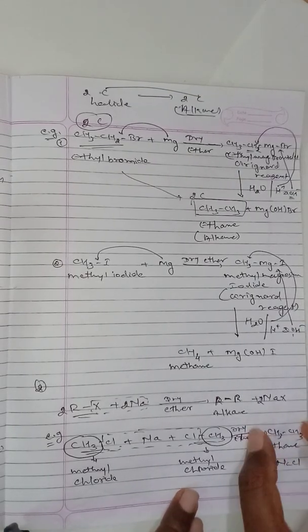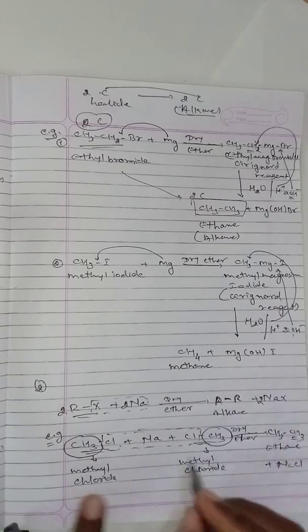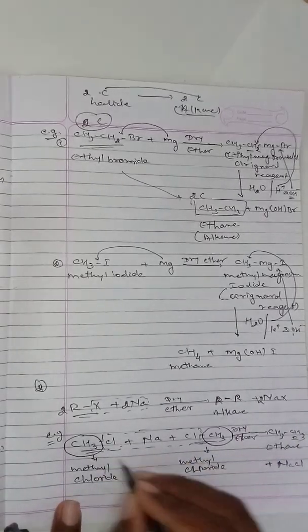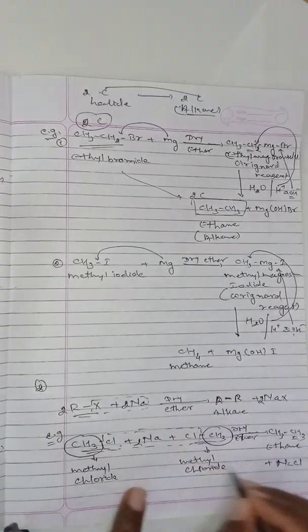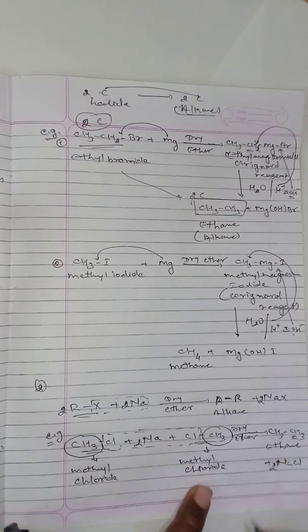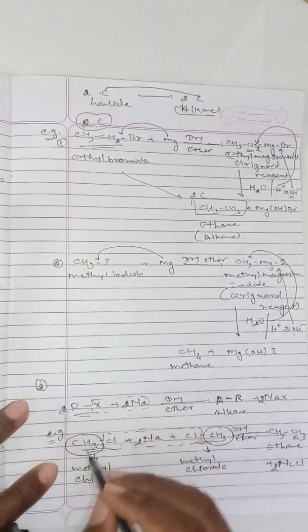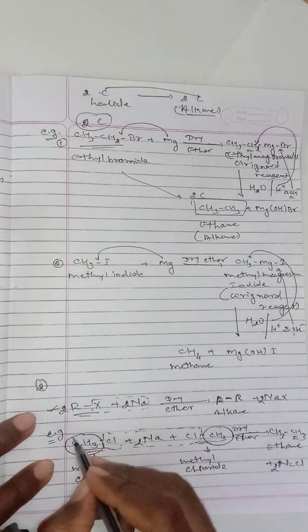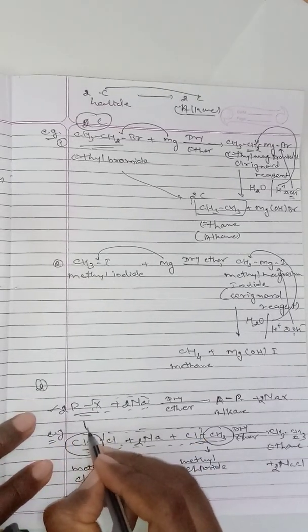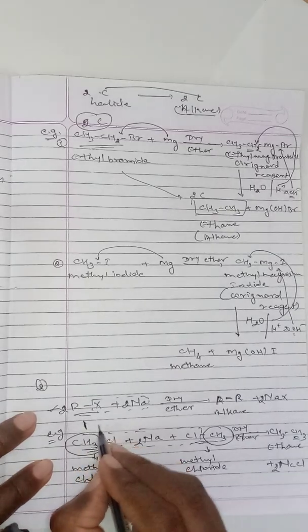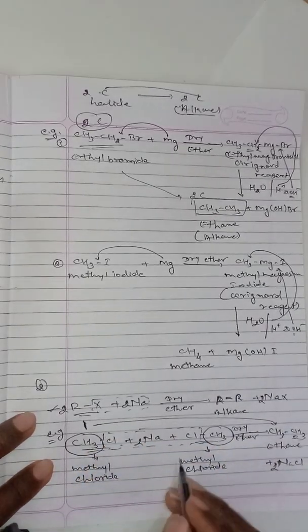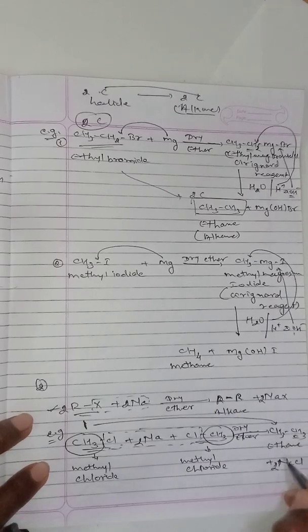Here we get two methyl groups, so we have to balance twice NaCl. So from this reaction we get double the number of carbon in the alkane.